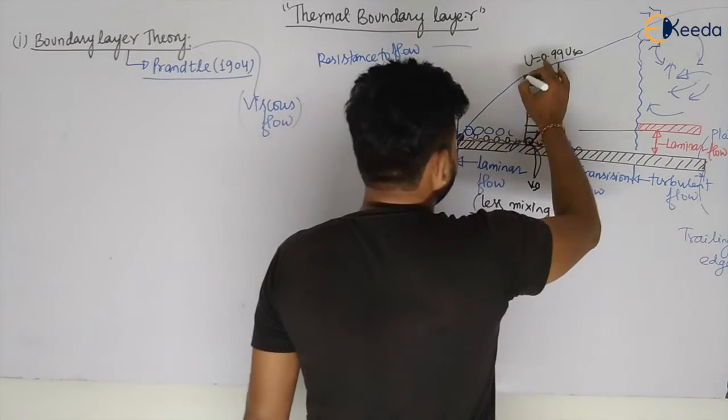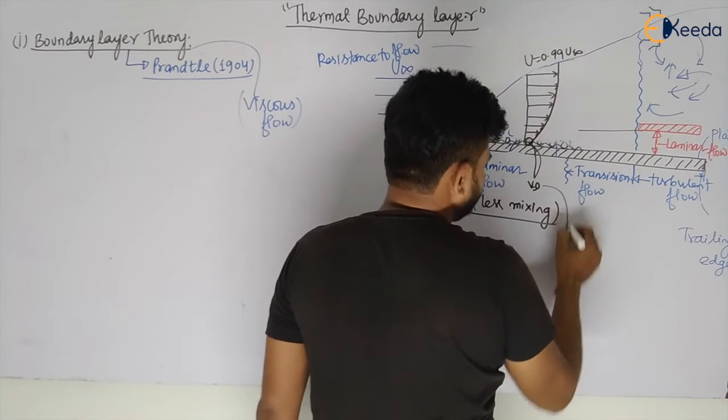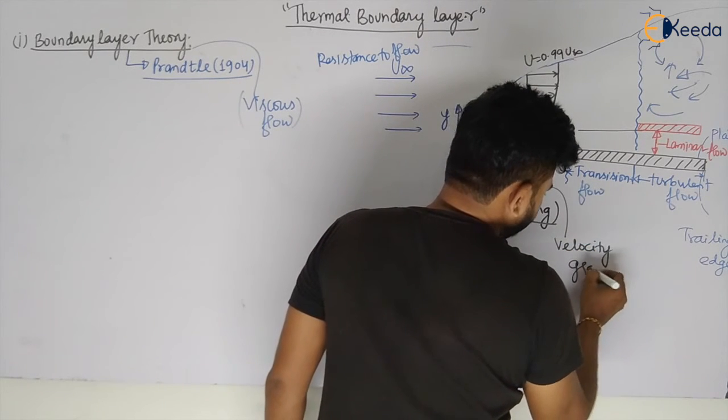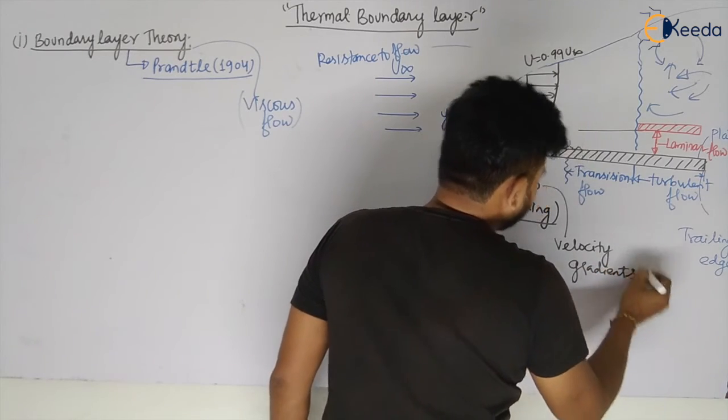In this region, the velocity gradients will be there, and the region below this is called your boundary layer.